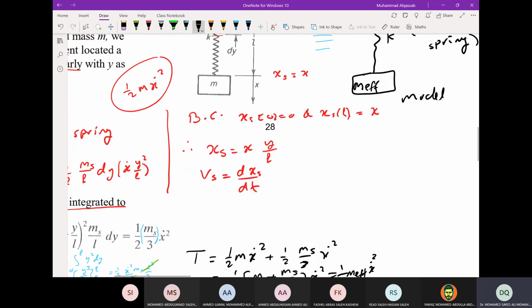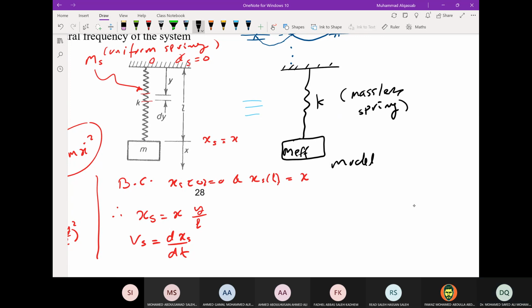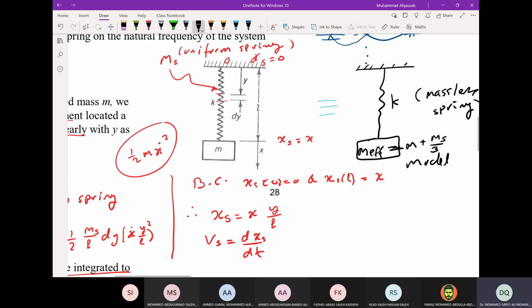So the mass for the equivalent system, m effective, is, instead of m only, m plus ms over 3. This is the contribution of the mass of the spring to be added to the mass, which is ms over 3.